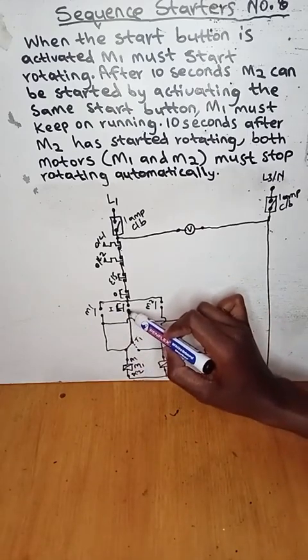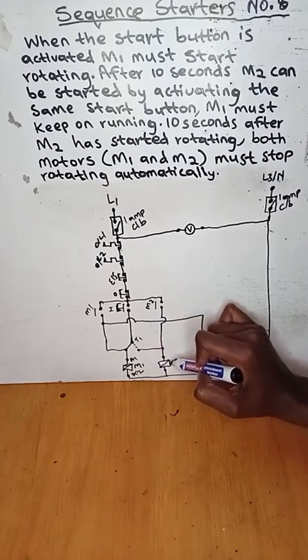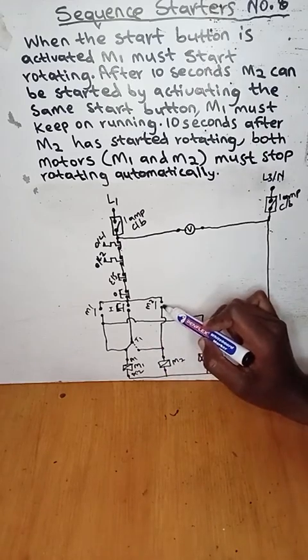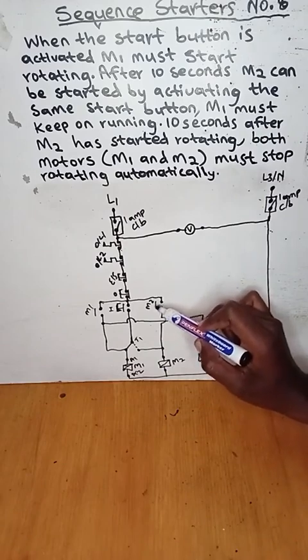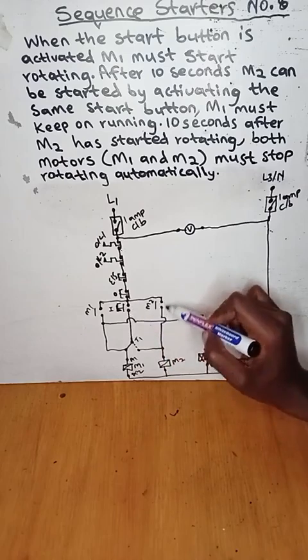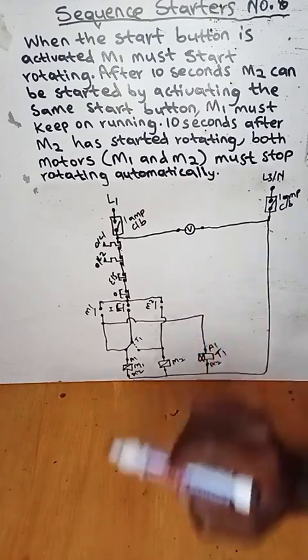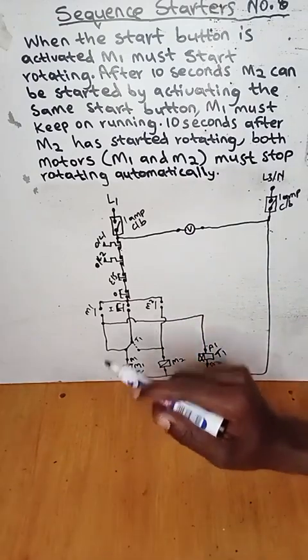And then that's when it allows us to press the start button again, which creates a close contact, and then it will energize the coil of motor 2 and cause its retainer to be closed, which means after we let go of the start button again, the coil of motor 2 will keep on running through the retainer.